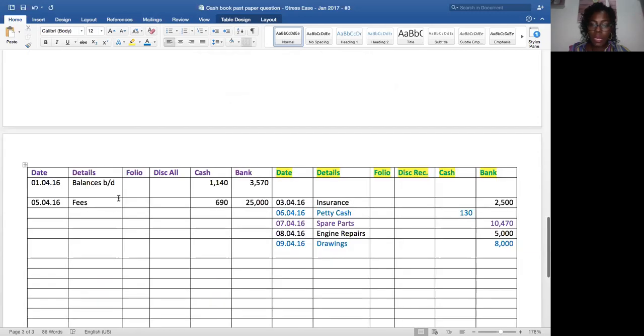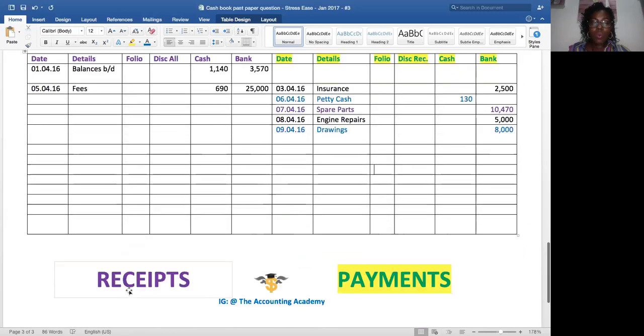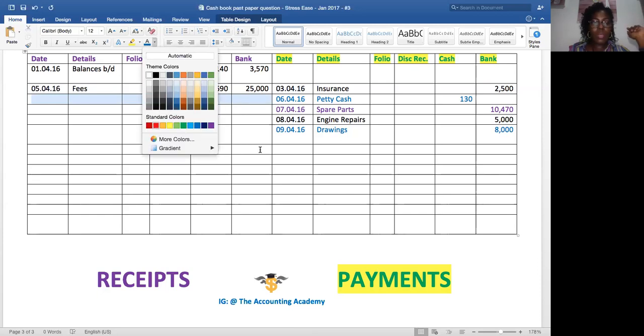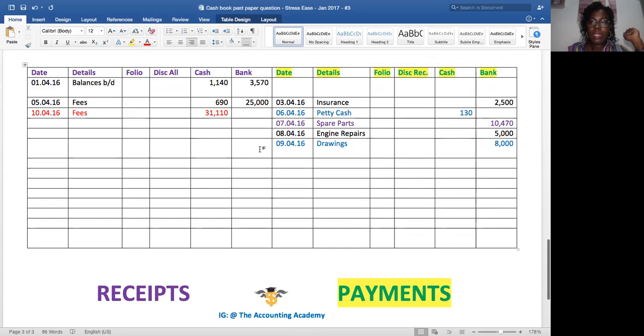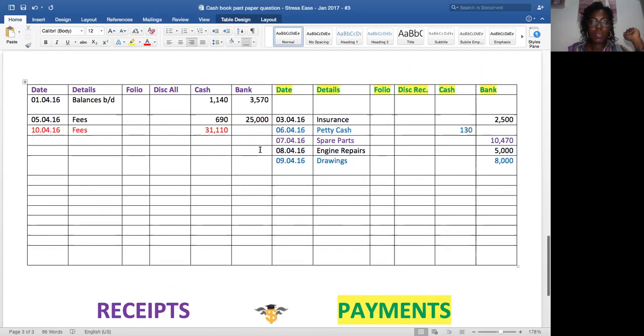We receive money, so we're going to have to record that on our receipt side, on our debit side, or on our left hand side, whatever you want to call it. And I'm going to put that in red because I want to highlight it. Okay, so I'm just trying to make it a little bit colorful so that you can follow along easily. So on the 10th of April, we received fees. $31,110 was received in cash.